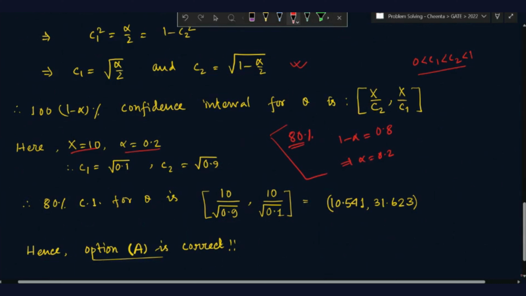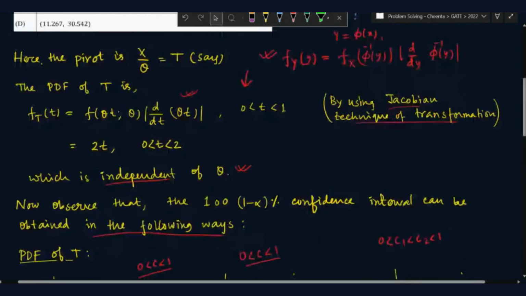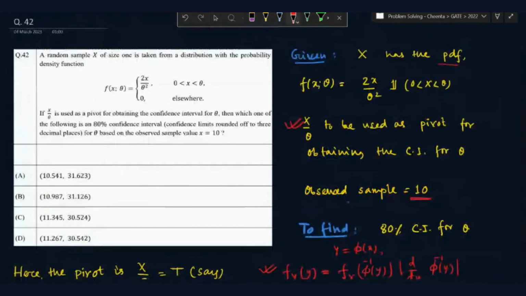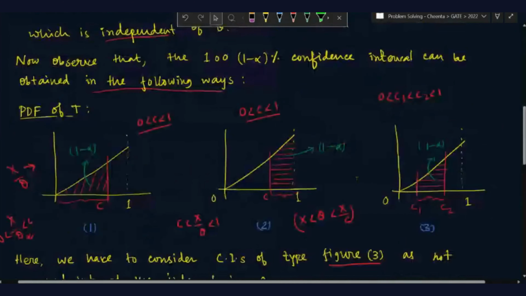So the 80% confidence interval for theta is 10 by square root of 0.9 to 10 by square root of 0.1, which is coming out to be 10.541 up to 31.623. So let us check which option is matching. So 10.54 and 31.6, hence option A is matching. Hence option A is the correct option.